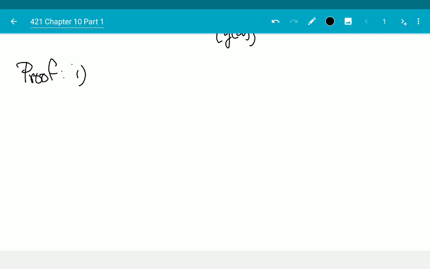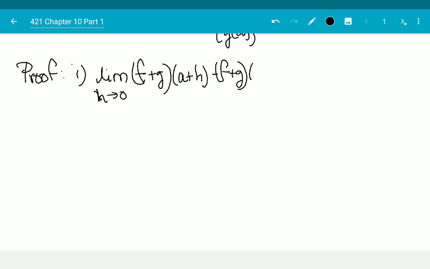Proof 1. Limit h goes to 0, f plus g of x plus h, not x plus h, a plus h, a plus h minus f plus g of a all over h.